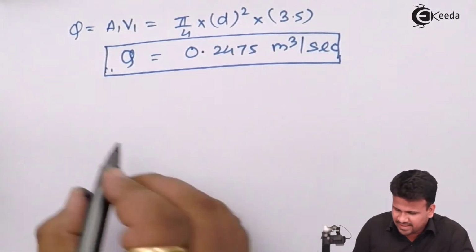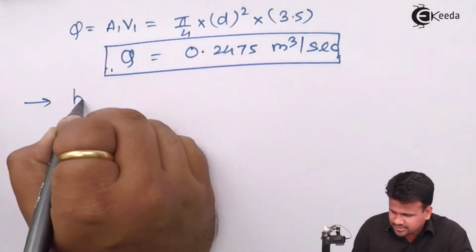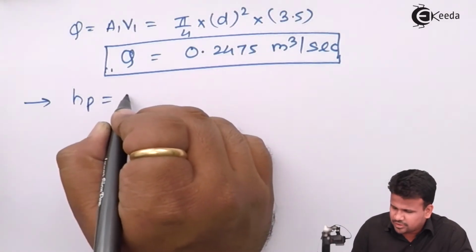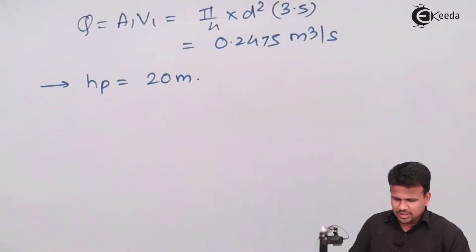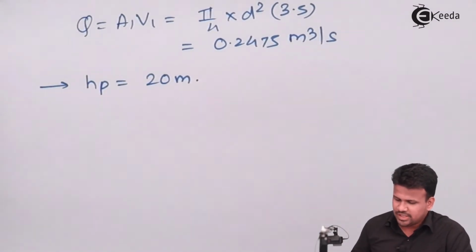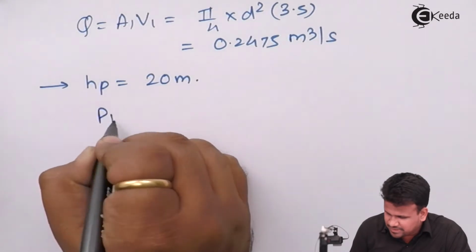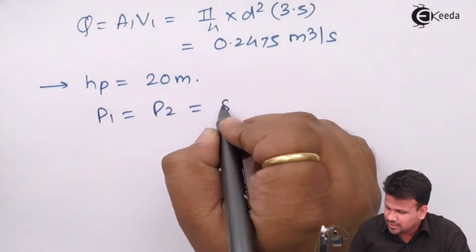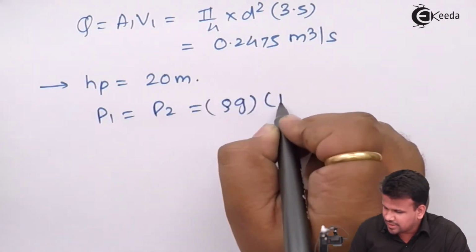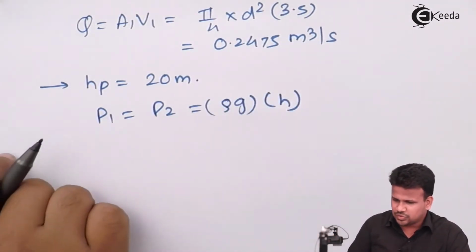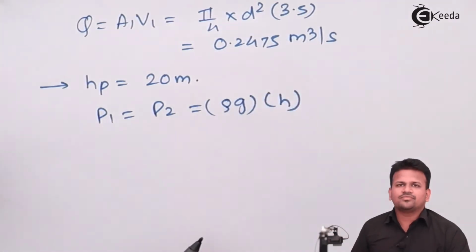Now, next part, what they have given to you, the pressure head HP, is 20 meters. So now we'll get P1 equal to P2, which will be equal to rho g into H. Now, why are the pressure heads the same? Because it is going through a pipe having a uniform pressure.